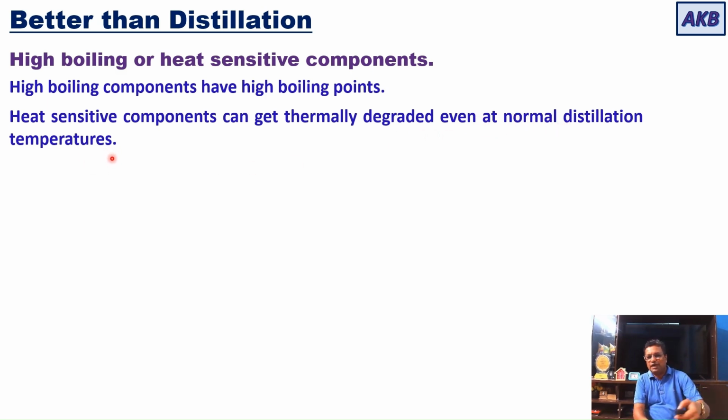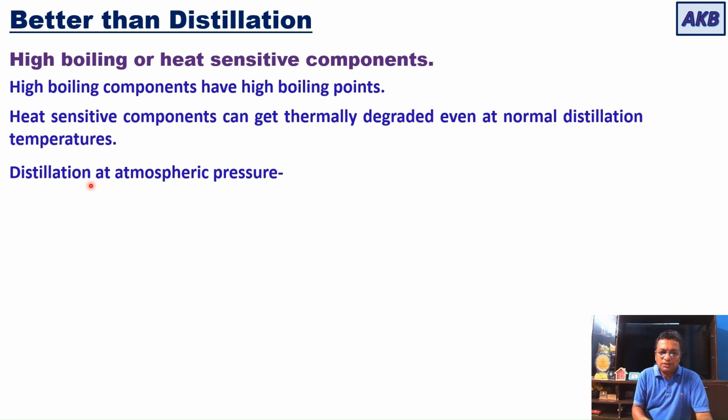So even if you carry out distillation under normal conditions at normal temperatures, there are some components which we call heat sensitive components, and these will be thermally degraded. They will lose their properties at higher temperatures, even at normal distillation temperatures.